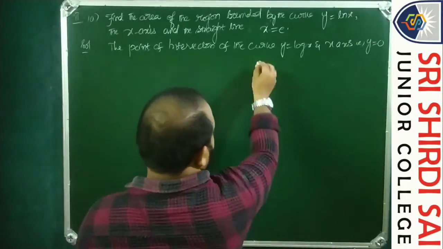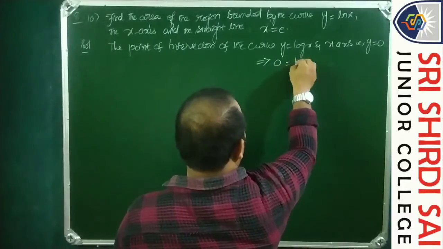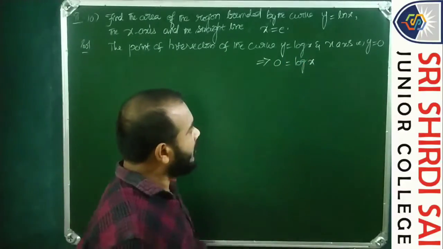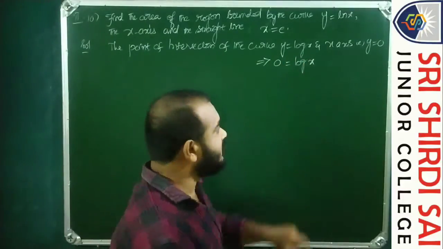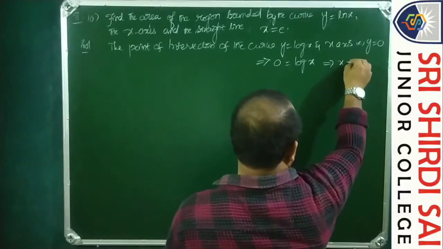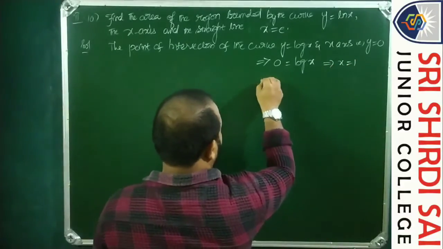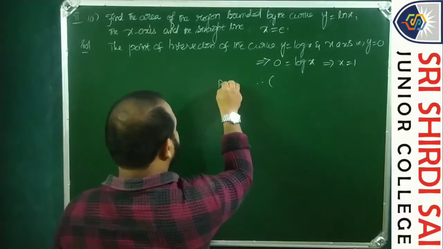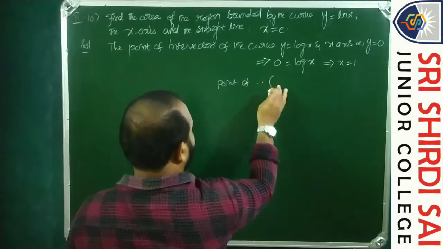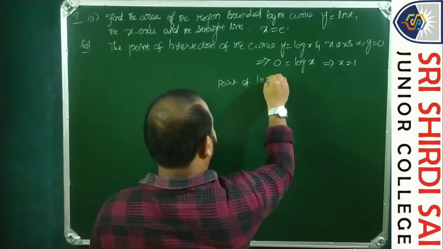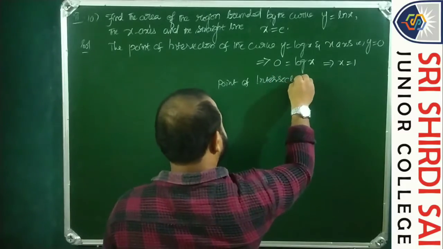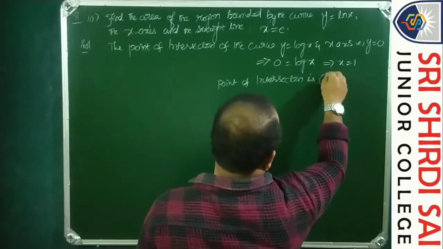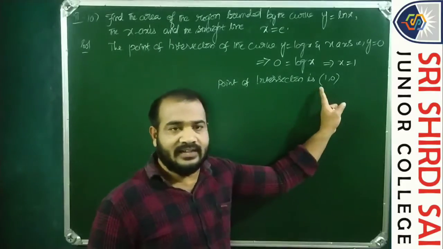So substitute y equals 0, 0 equals log x. If 0 equals log x, that means x equals 1. Therefore, the point of intersection is (1, 0), which lies on the x-axis.